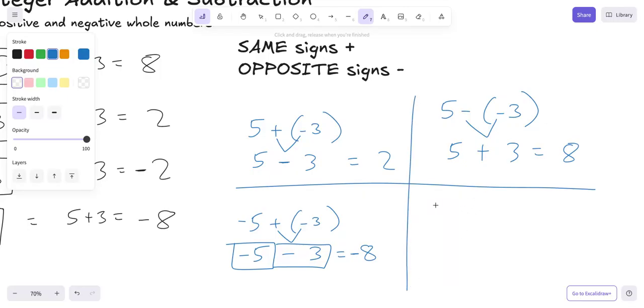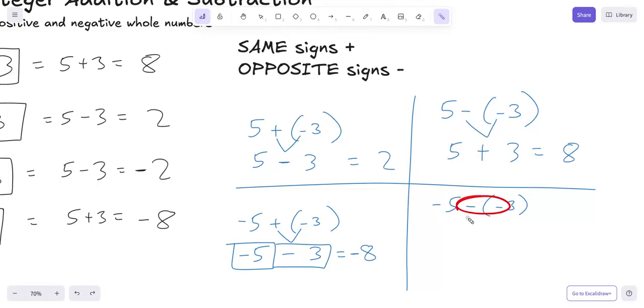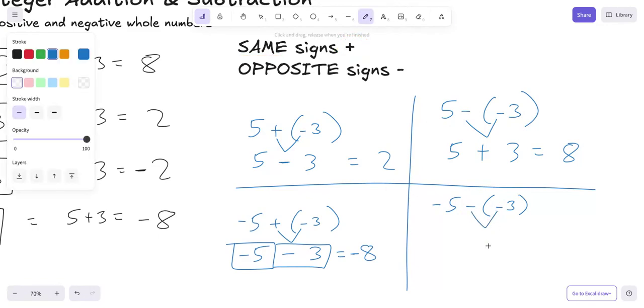And last but not least, we have negative 5 minus negative 3. In this case, we have a double sign again. But these double signs are the same, so I replace it with an addition. So this is negative 5 plus 3. 5 is negative, 3 is positive.